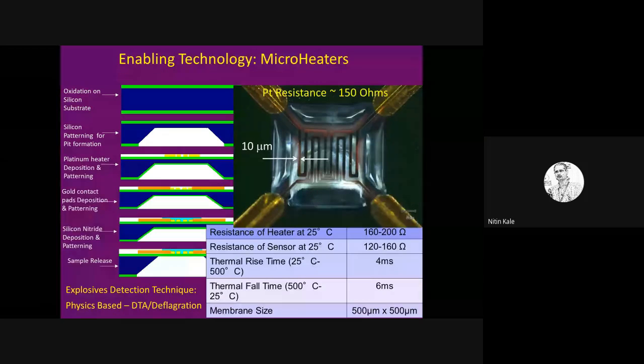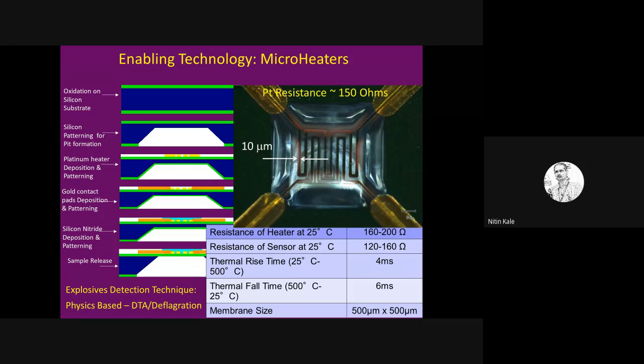The technology that we use today is based on micro heaters and micro hot plates. First I'll just describe the device. The device is here. You can see that this is half a millimeter by about half a millimeter, 0.5 mm.